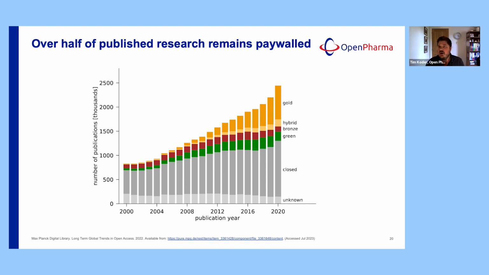So if you, without your Janssen login, want to look at some scientific research on a medical condition that you're interested in, you'll hit a paywall. You'll be clicking on your phone 50% of the time, and you won't be able to see what you wanted to see. Personally, I find that extremely frustrating, and I would hope that people who want to engage with your content don't become frustrated.